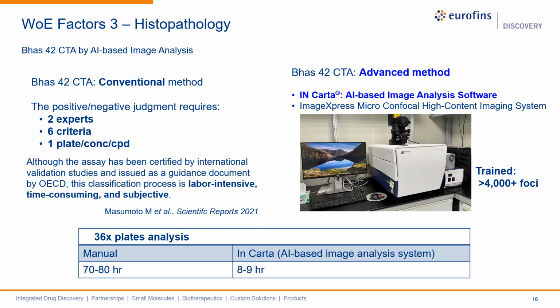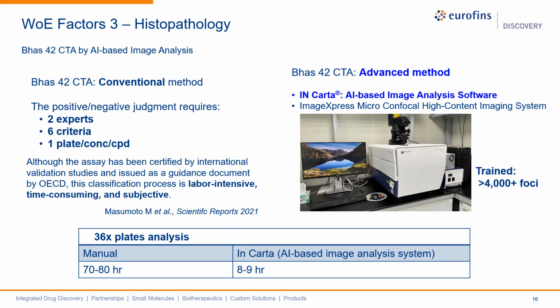It requires 2 expert analysts working with 6 criteria per plate and compound. Despite the certification as guidance from the document, this process remains labor intensive, time consuming, and perhaps most critically, subjective in its assessment. These limitations can impact both throughput and reproducibility.